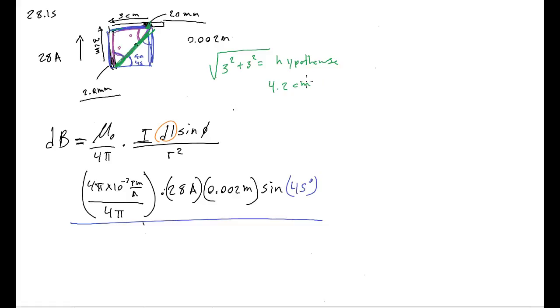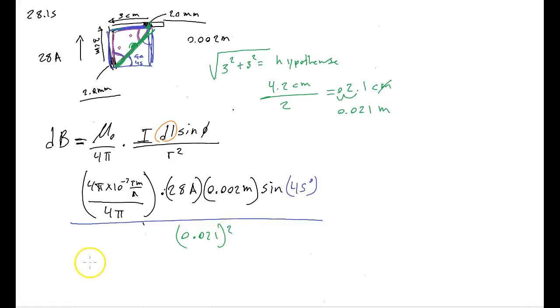And we divided by 2 because the point is at the middle over here. So it's equal to 2.1 centimeters, and we're going to convert to meters. So it's 0.021 meters, and that's what the distance is.